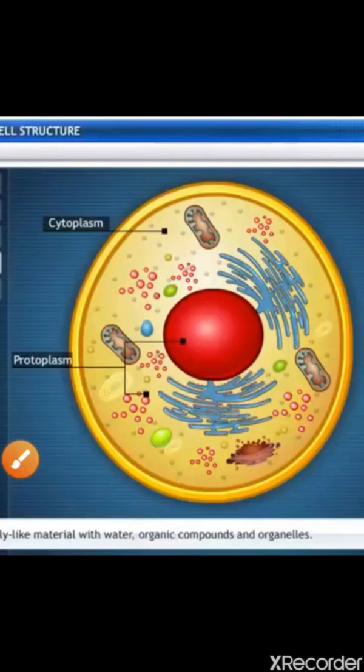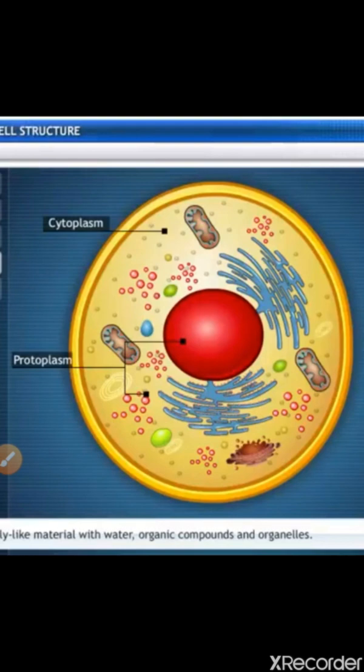Now let's see what cytoplasm is made up of. Cytoplasm is a thick solution that fills each cell and is enclosed by the cell membrane. It is mainly composed of water, salt and protein. The most important activities of the cell occur in the cytoplasm only, because the cytoplasm contains all the cell organelles.